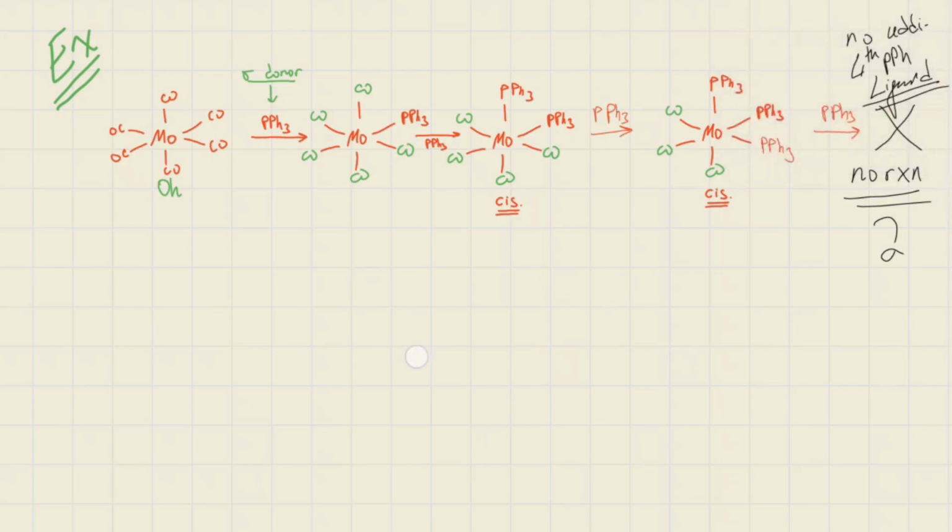Okay. So you can think of the steric effect, whether it is the case or not. But if it was the steric effect, then why is there a cis formation, right?